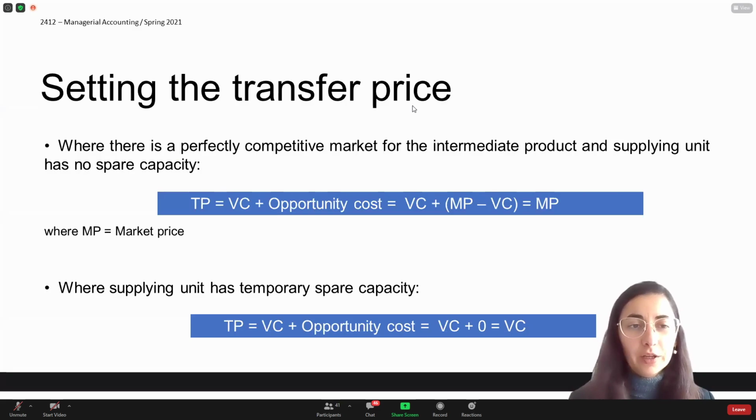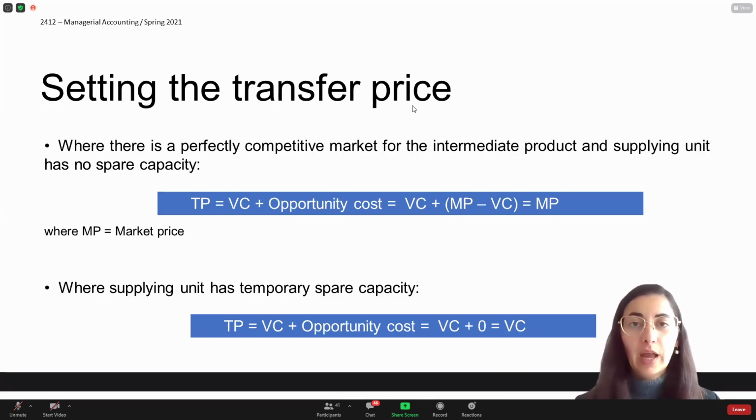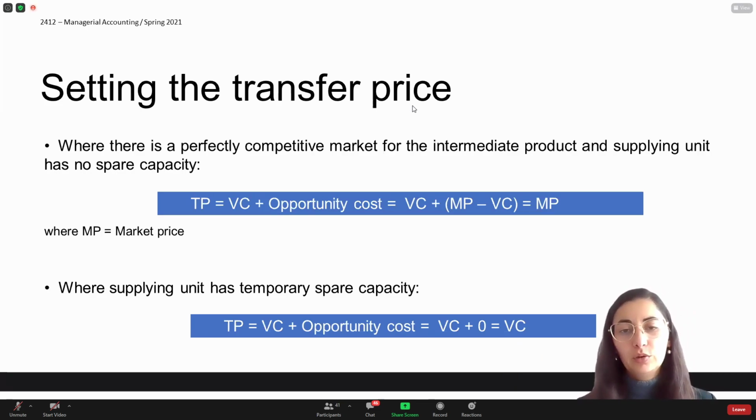So to set the transfer price, when we have a perfect competitive market, we take the general rule, variable cost plus the opportunity cost. So if we have a perfect competitive market, we could sell the product to the market, okay? And we would sell the product to the market at the market price. So we can just use the formula.